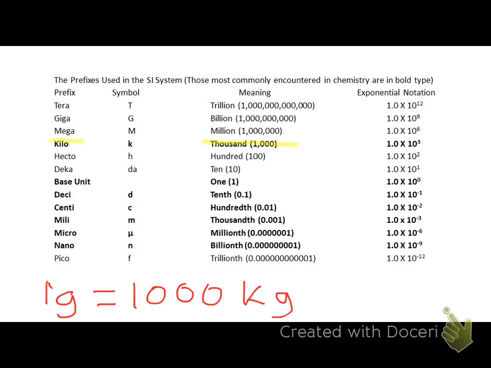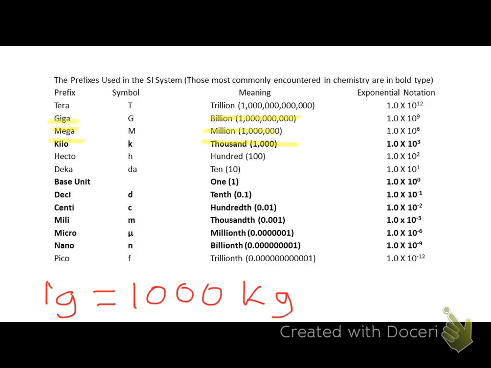Alright, so what about giga? What does giga mean here? Giga means I have 1 billion base units. So if I'm dealing again with mass, if I have a gigagram, it means I have 1 billion grams. What about mega? What is mega?